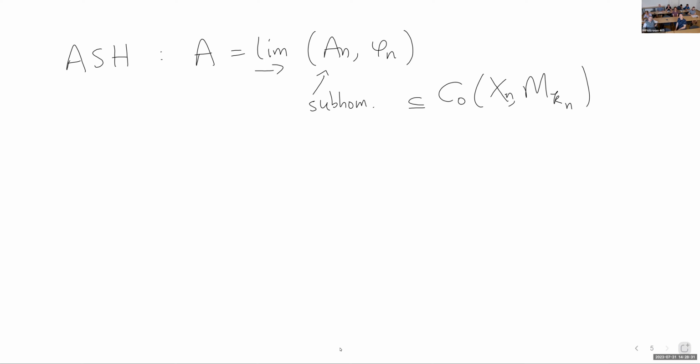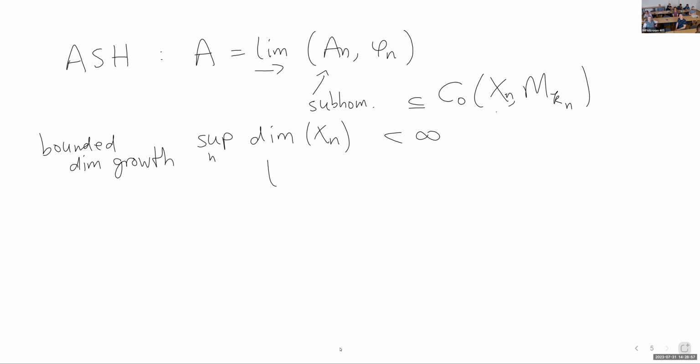Bounded dimensional growth just means that the dimensions of these X_n's are bounded. So we want the supremum over n of dim X_n to be less than infinity. This is bounded dimension growth. The dimension here means Lebesgue covering dimension, which I will remind you what that means. Speaking about this direct limit, you must assume some embeddings between the M_{k_n}'s.